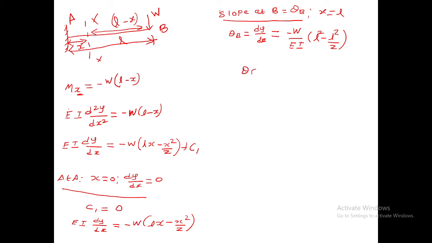So theta B equal to minus W L square divided by 2 EI.